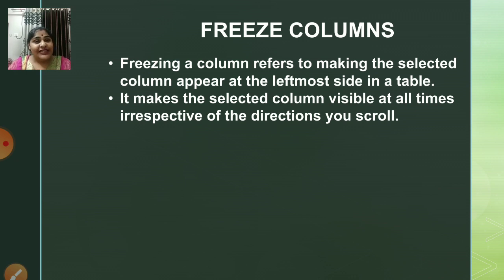It makes the selected column visible at all times irrespective of the direction you scroll. So this is how you freeze particular columns.